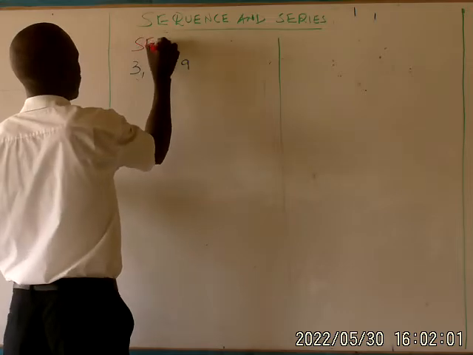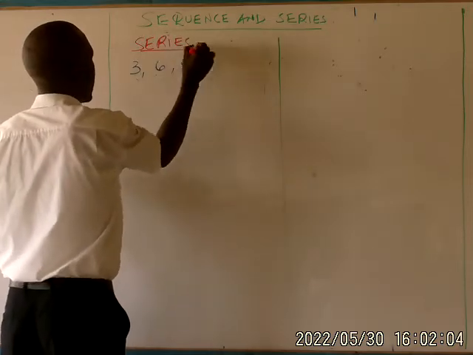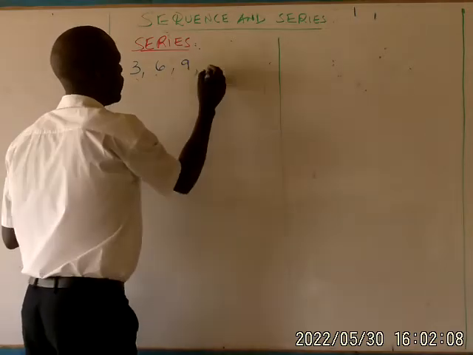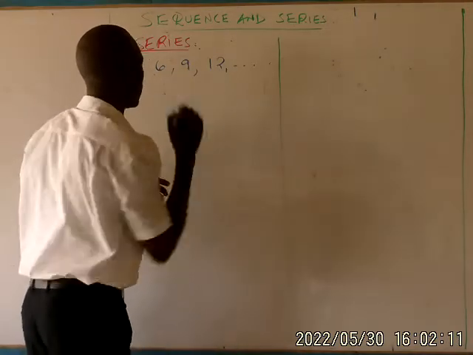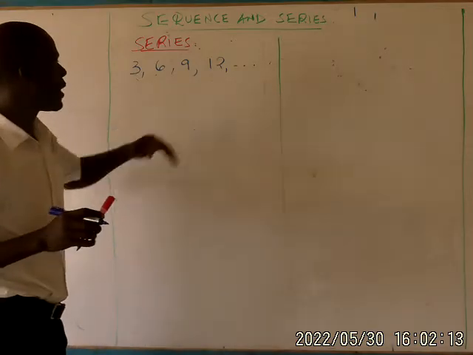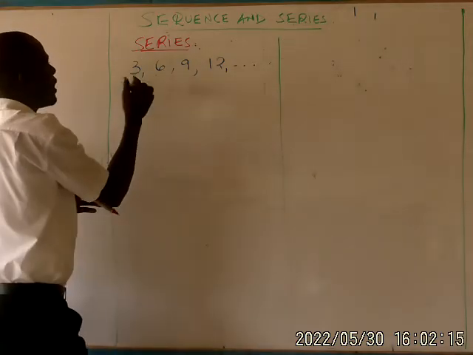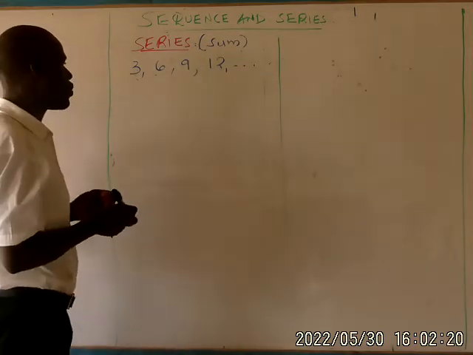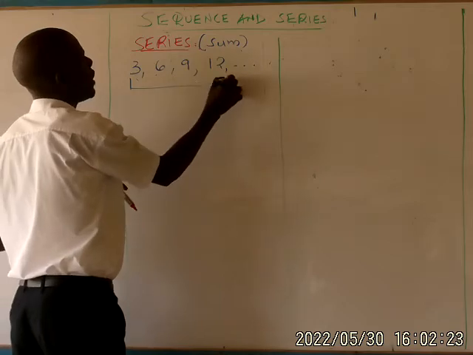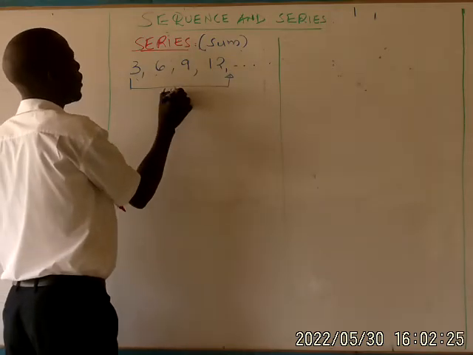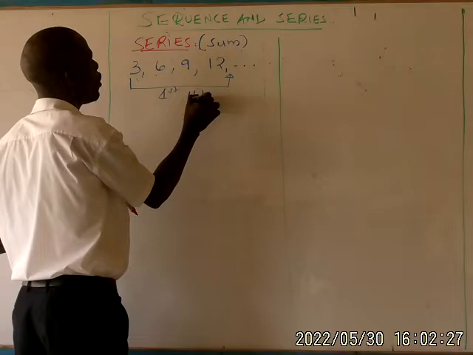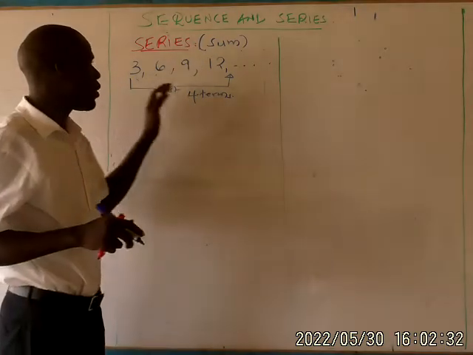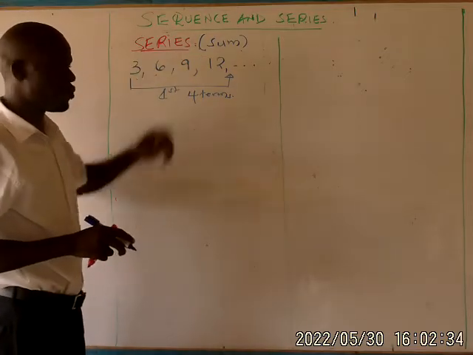So that we define what a series is. If I want to find the series, it simply means the sum of the numbers you have. I may want to find the sum of the first 4 terms, and therefore that becomes a series.